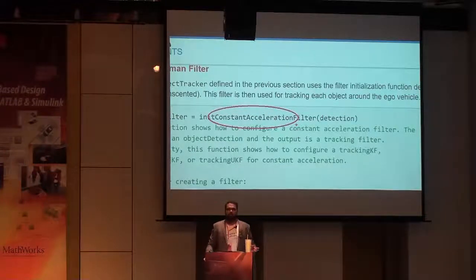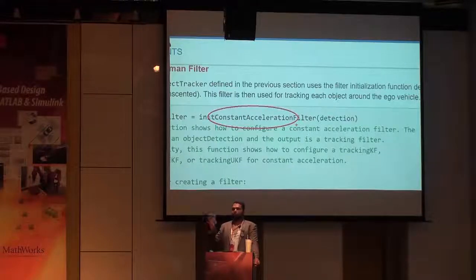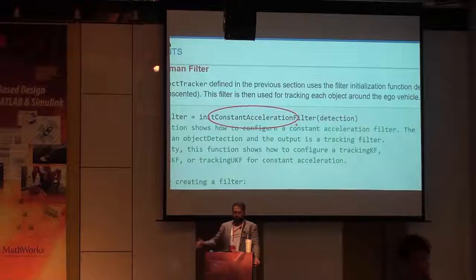That's one of the assumptions, because in any tracking filter, there is going to be a time where you no longer can see the object. And so your job is to predict where the object is going when you cannot see it. For that, you have to have an assumption. In this case, when I cannot see the object, I will assume it is accelerating constantly, so I can predict where it's going.